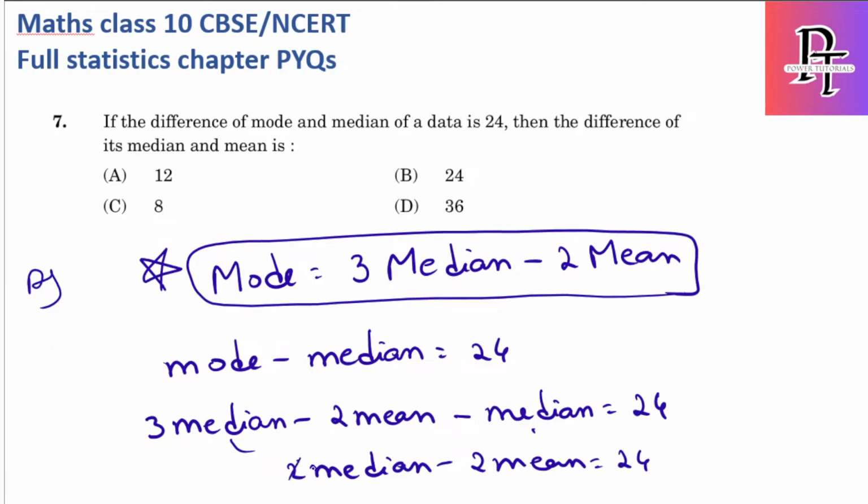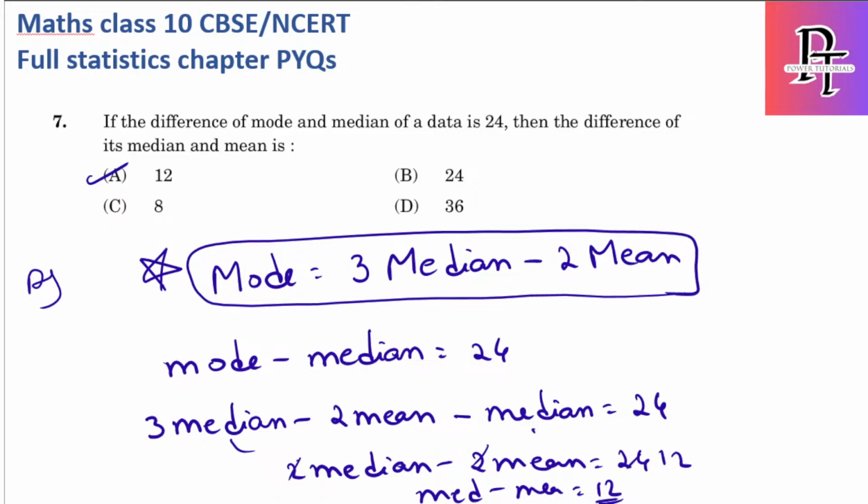I can divide by 2 on both sides and get median minus mean is equal to 12. They asked for the difference between median and mean, which is 12. Simply using the relation mode equals 3 median minus 2 mean, I got the final answer.